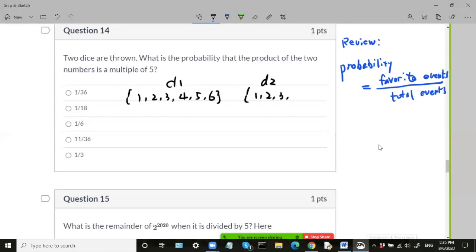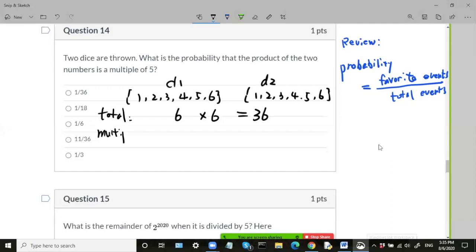So we have 6 choices and 6 choices. So the total is 36 pairs of numbers. We need to find out how many pairs among these 36 have a product that is a multiple of 5.